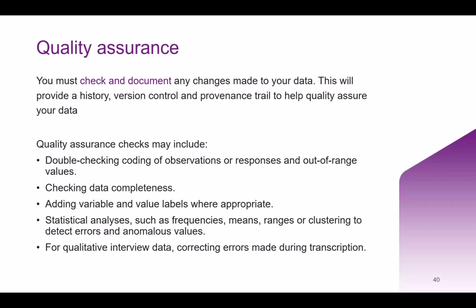And adding variable and value labels where needed makes the data set clear and easy to use. And running statistical checks, such as calculating frequencies, means, or ranges, can also help detect errors or unusual values. For qualitative data like interview transcripts, this may involve correcting mistakes made during transcription to ensure accuracy.